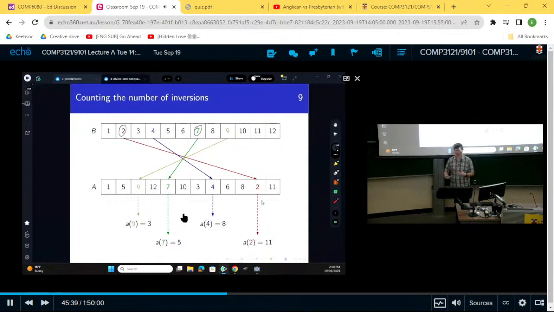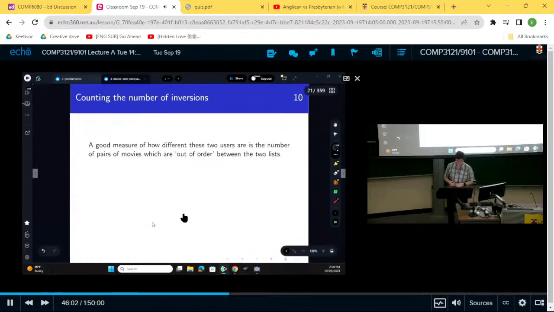Now we want to count how many inversions there are in the lists. To access the rank of user A's 9th ranked movie of user B, we take A of 9 equals 3. A good measure of how different the two users are is the number of pairs of movies which are out of order between the two lists.